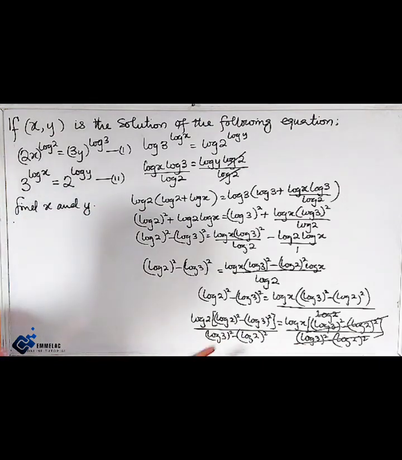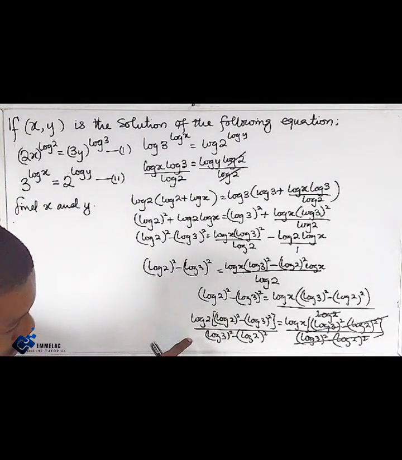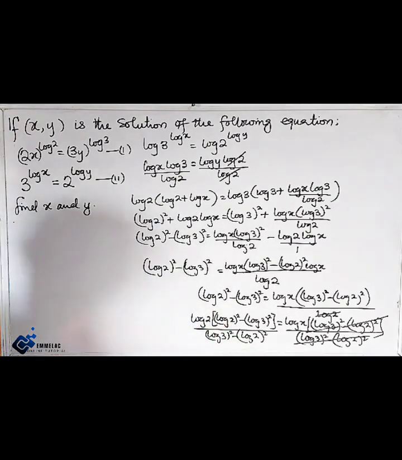For us to eliminate this, it means there's a negative of the numerator relative to the denominator. Now, the best way we can approach this is, let us multiply the numerator by a negative value.